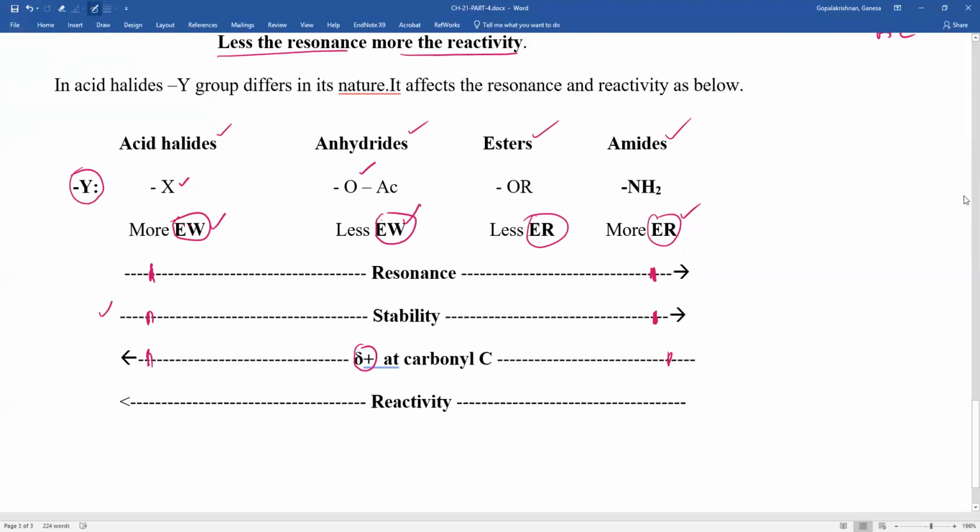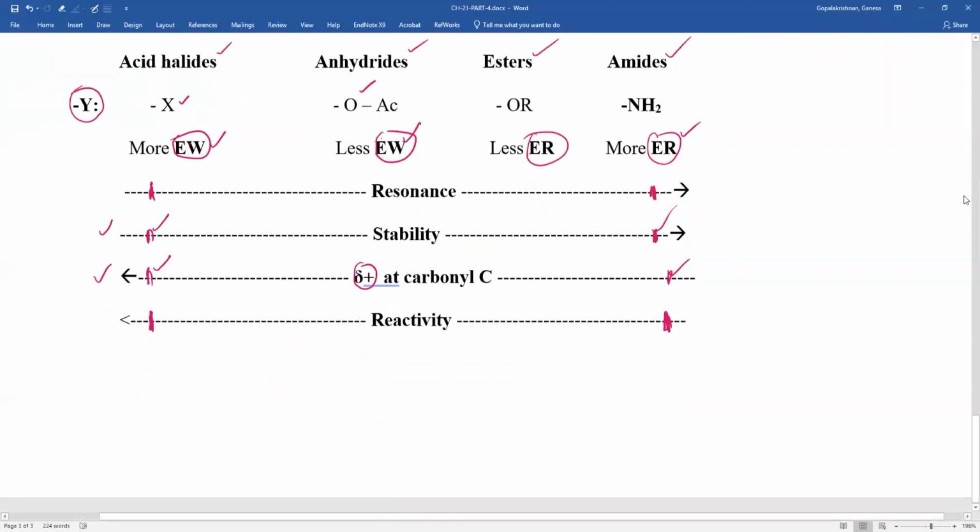If you combine these two effects: less stable, more positive charge at the carbonyl carbon means the most reactive. More stable, less positive charge at the carbonyl carbon means less reactive. So these are the reasons.